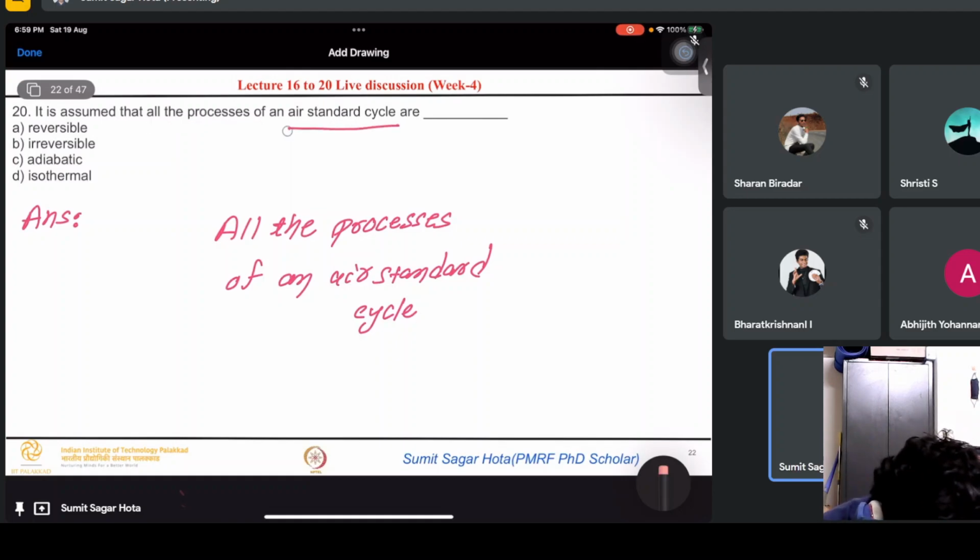So the answer should be reversible, not adiabatic. If only adiabatic is there, it may be reversible, maybe irreversible. So you cannot choose the option adiabatic.